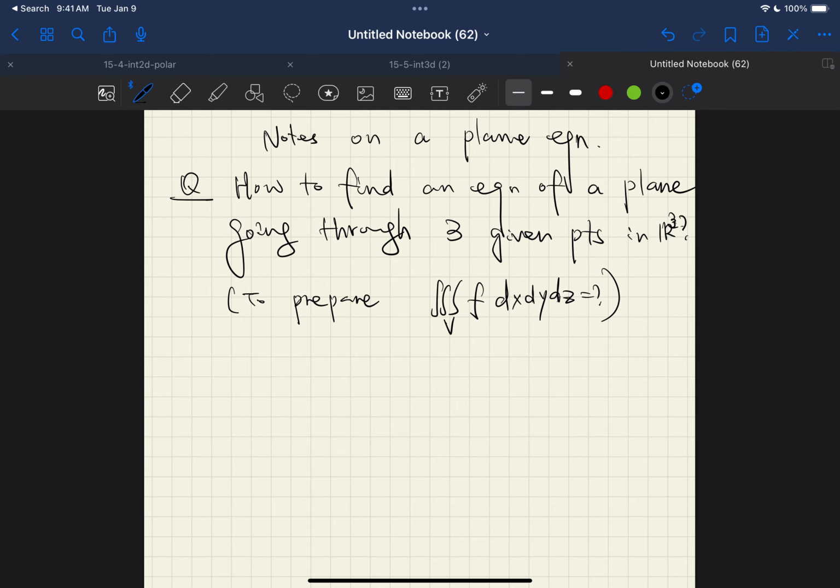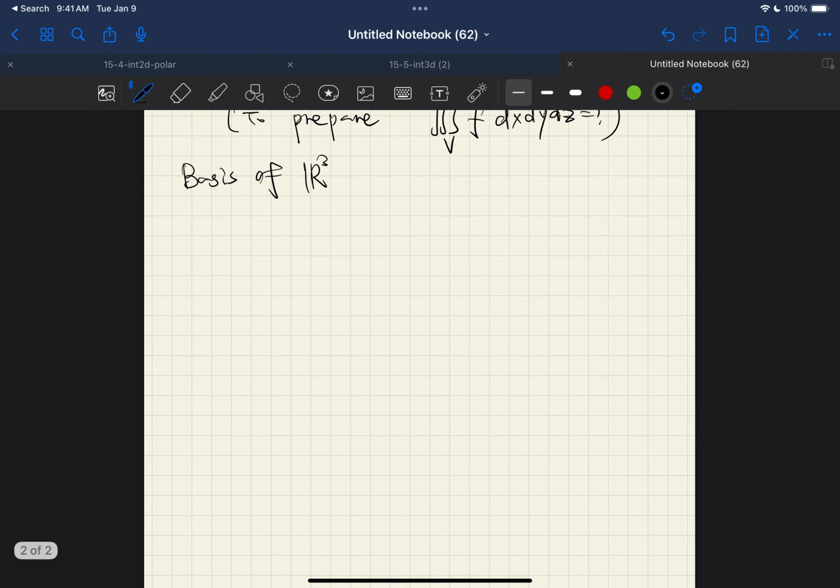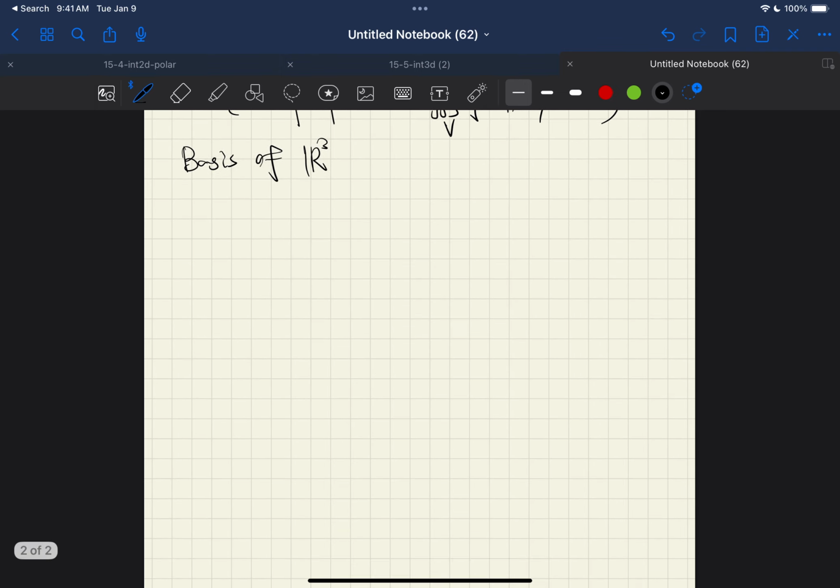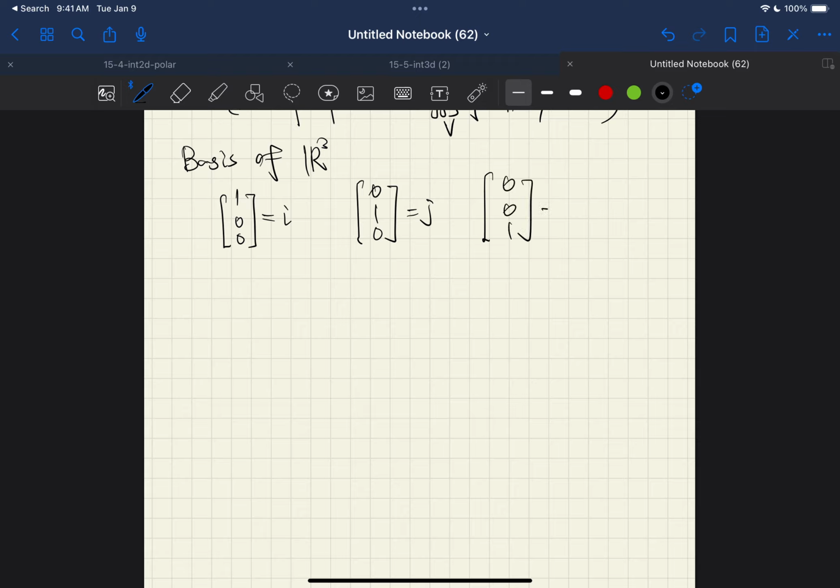Alright, so there are a few notations we want to recall. Usually in R3, we take a basis of R3, three special, most important vectors, as (1, 0, 0). This is the unit vector lying on the x-axis, which is denoted by i, and (0, 1, 0), which is denoted by j, and (0, 0, 1), which is denoted by k.